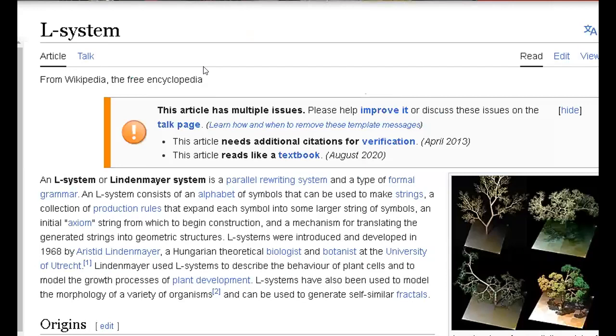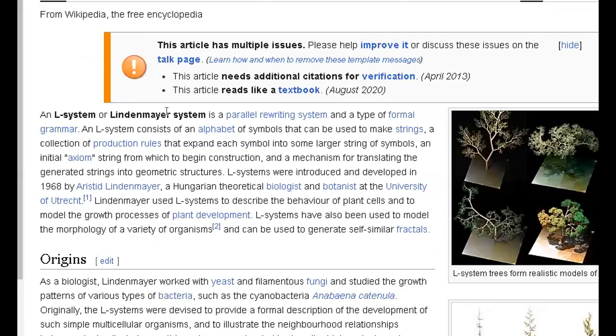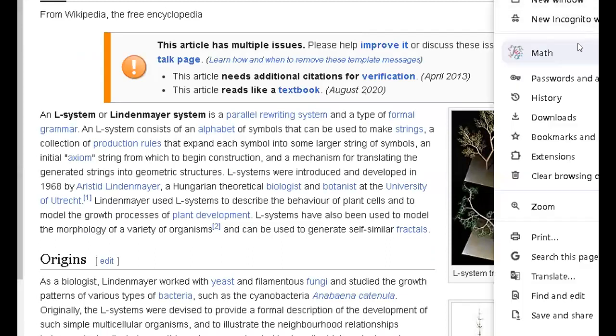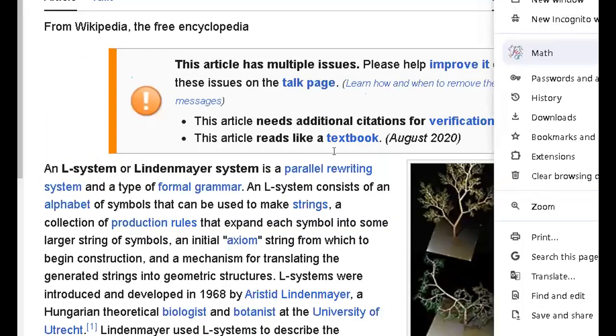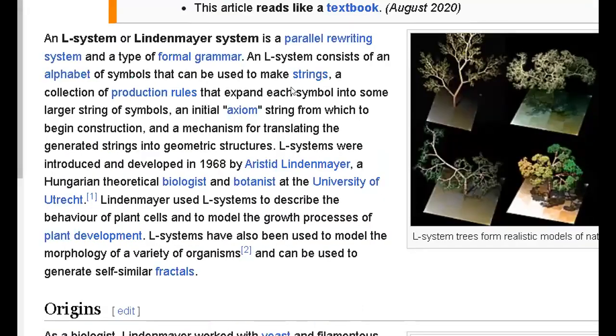If you type L systems, this is the wiki page. Let me zoom in a little bit. You can go to the wiki to get an idea about L systems.